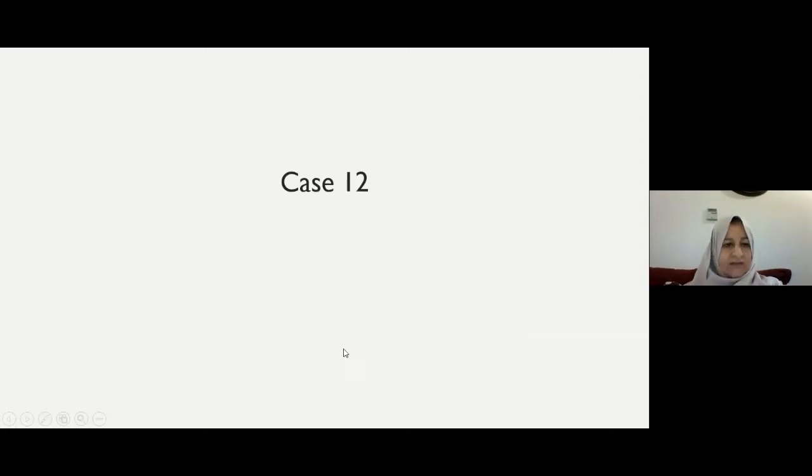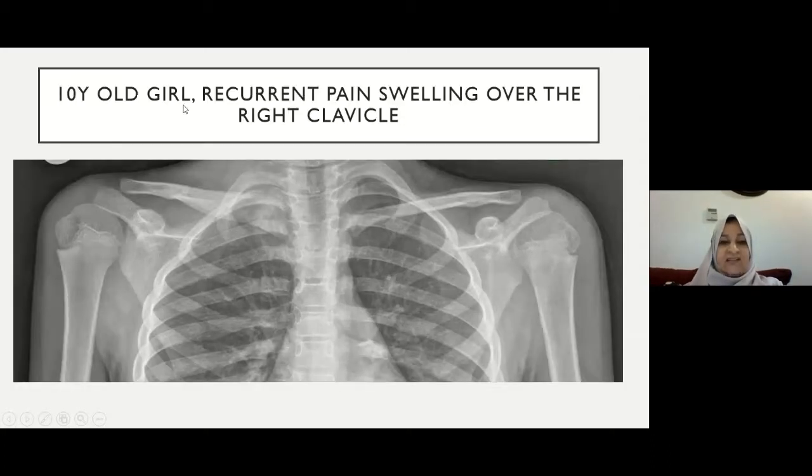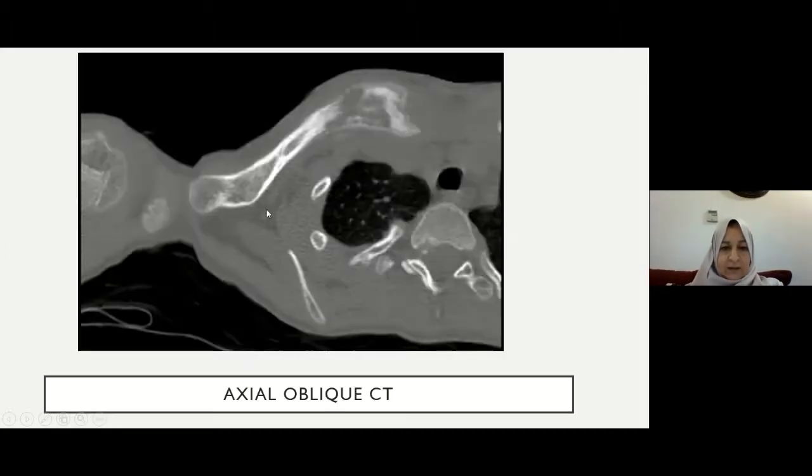Our next case is a 10-year-old girl. She has recurrent pain and swelling in the right clavicle. Here we have the medial two-thirds of the right clavicle expanded by a sclerotic lesion. This axial oblique CT shows the expansion, the sclerosis, and the lytic area of the clavicle.